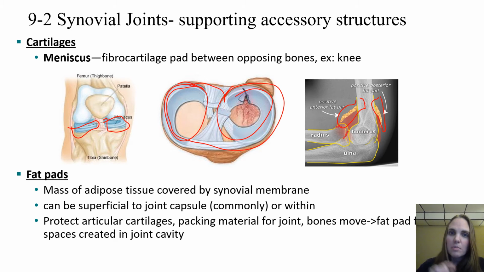These are superficial fat pads. And these fat pads are going to, remember, one of the functions of adipose tissue is to provide a cushion. So they're going to protect the articular cartilage. They also provide kind of a packing material for the joints. If the bones move, that fat pad is going to fill in the spaces that are created in the joint cavity.